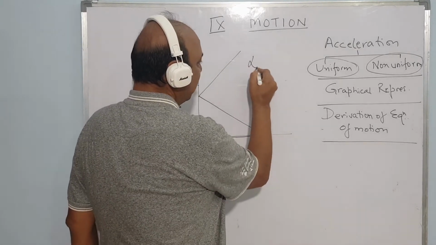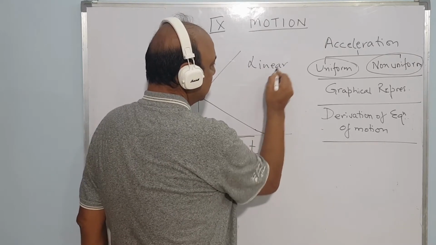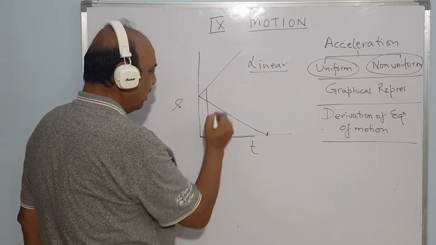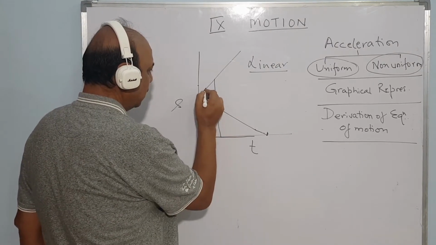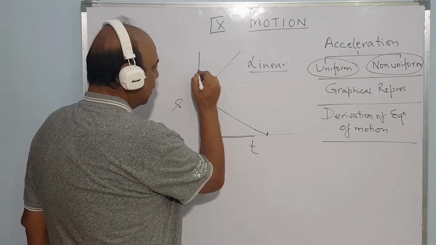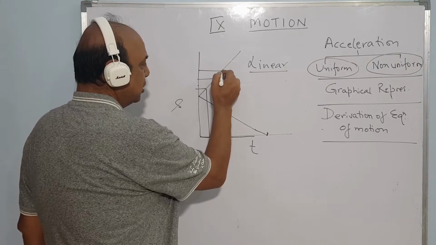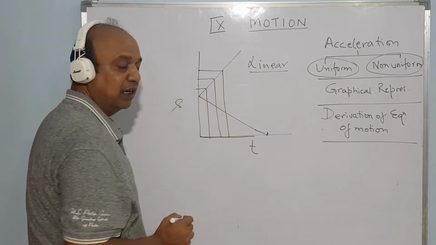These are the linear graphs again. If we see it carefully, in the same time interval, it's not that the speed is constant, the change in speed remains constant.